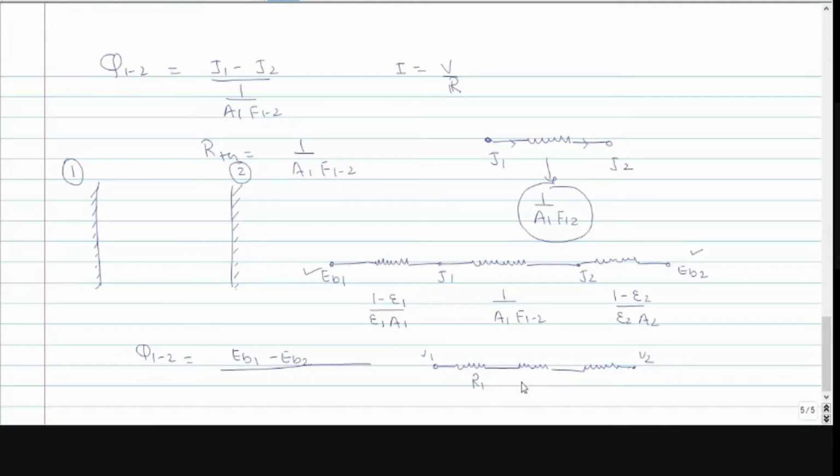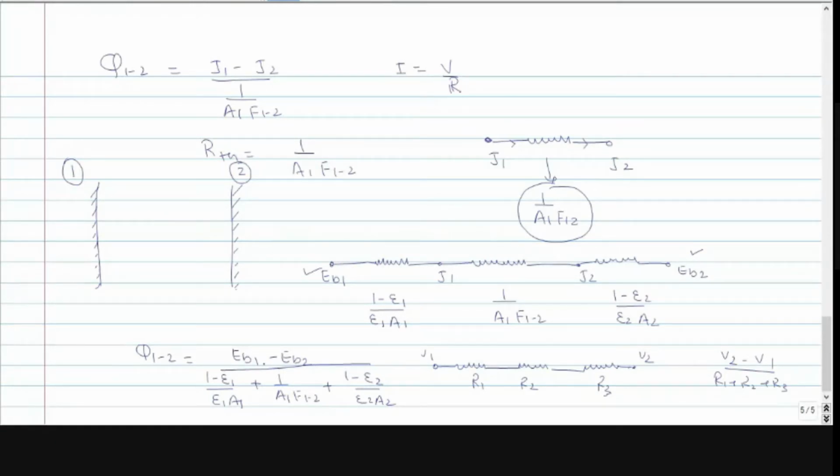This is R1, R2, and R3. Then you have V2 minus V1 upon R1 plus R2 plus R3. So similarly, I can write over here 1 minus E1 upon E1 into A1 plus 1 upon A1 into F12 plus 1 minus E2 upon E2 into A2. So this is the expression for the heat transfer from one surface to the other.